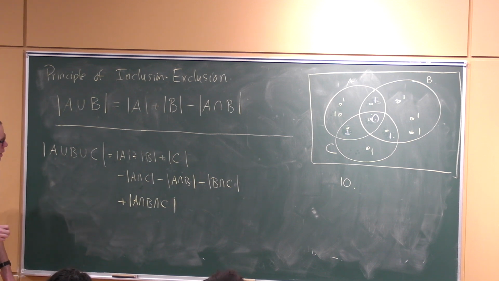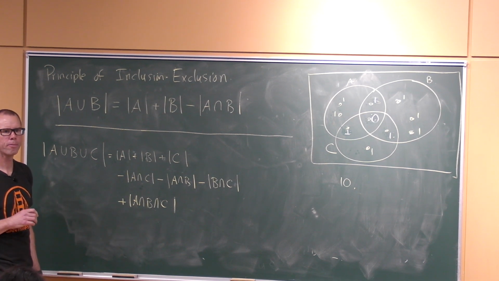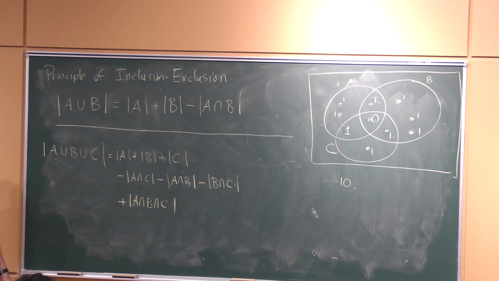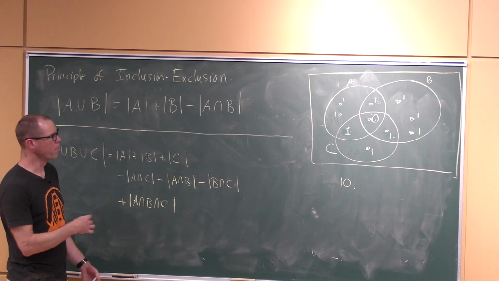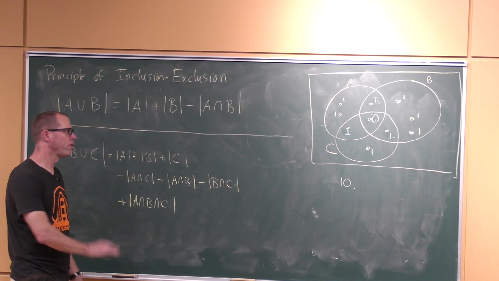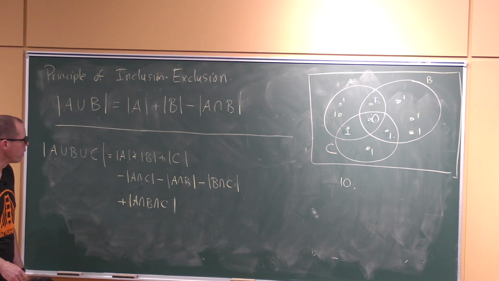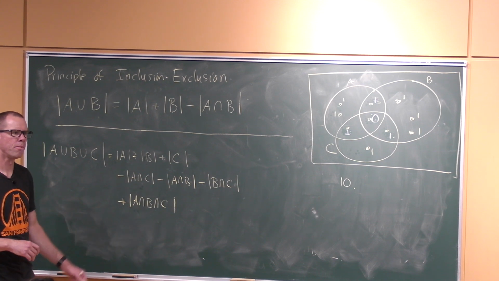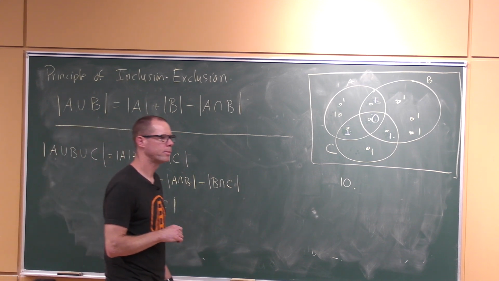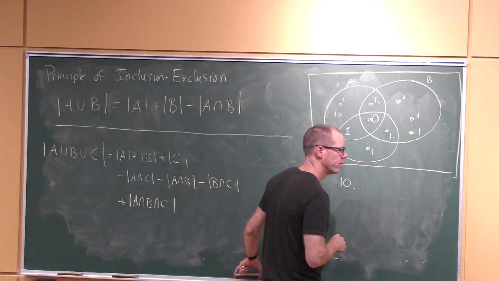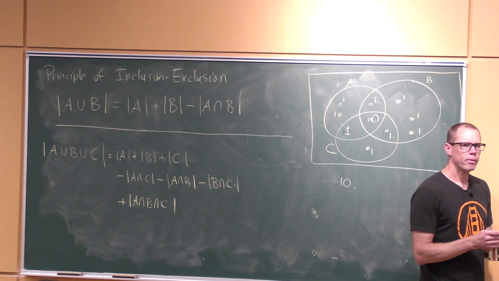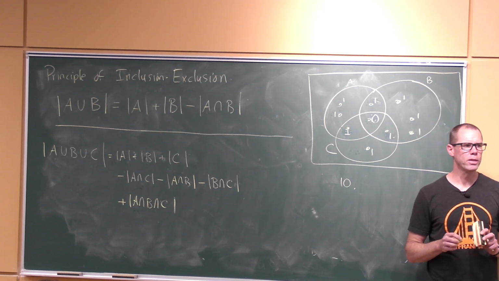It needs one more corrective term, which is, I need to add back in all of the points which appear in all 3 sets. Because right now they're not counted at all. So first time I triple counted them, and then I made up for that 3 times, which left me with no counting, so I need to fix them all up. Questions?